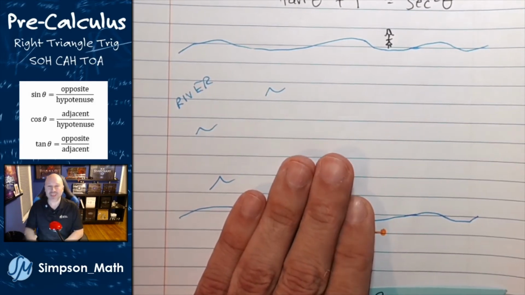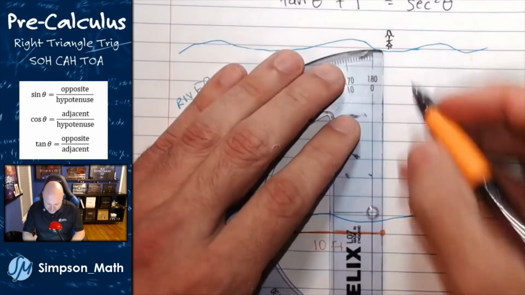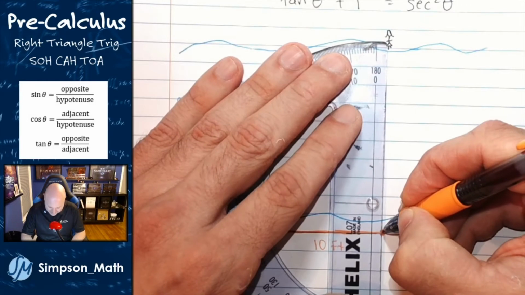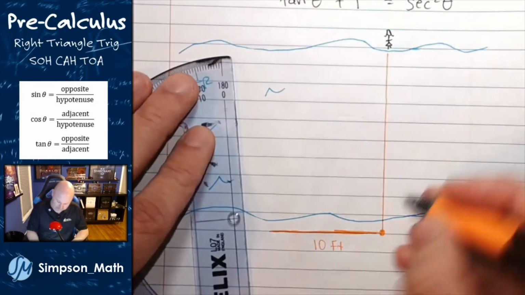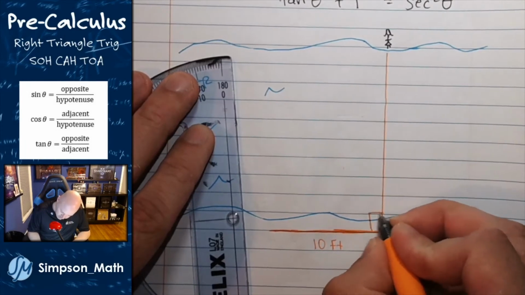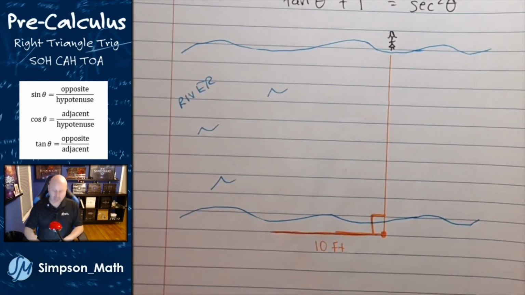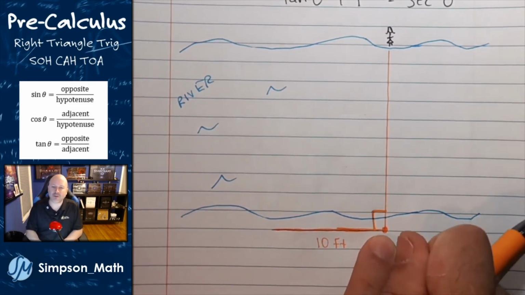So that's forming, of course, a perfect perpendicular line, or a 90-degree angle. And you're able to stake this rope into the ground.